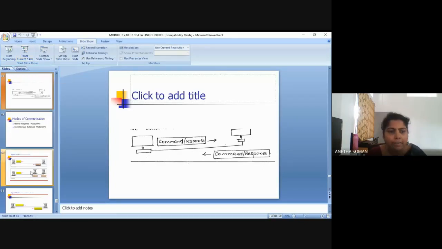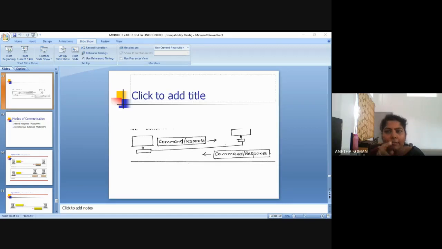HDLC is the high-level data link control protocol. It is a bit-oriented protocol which supports full duplex and half duplex communication in a multi-point as well as a point-to-point link.